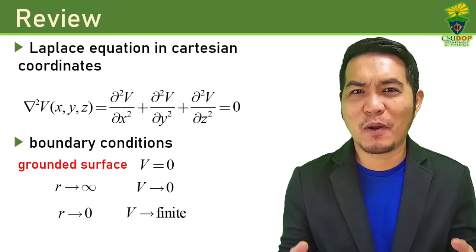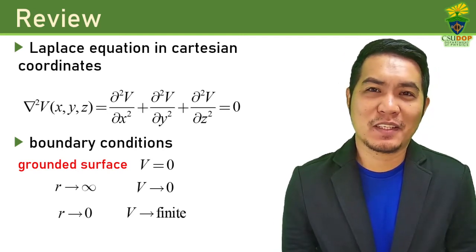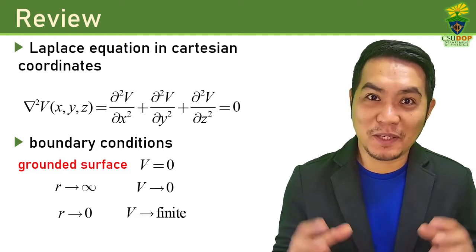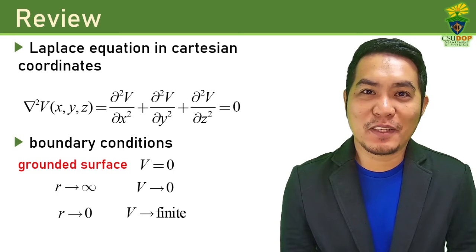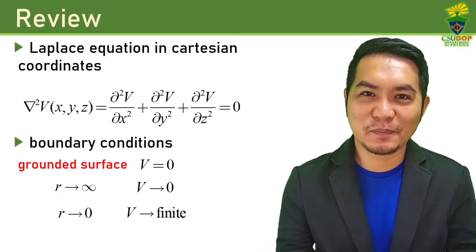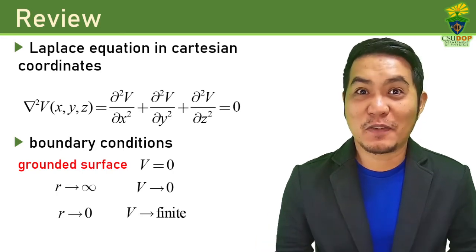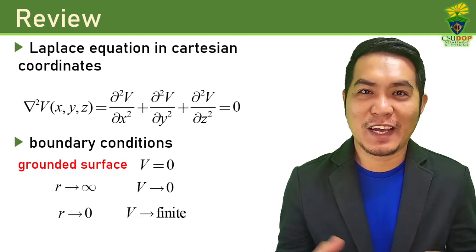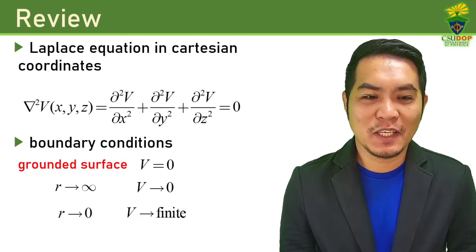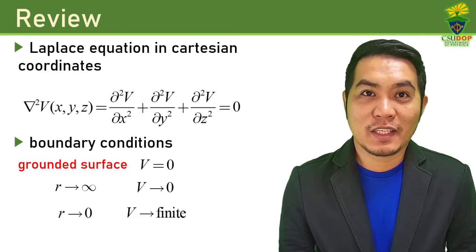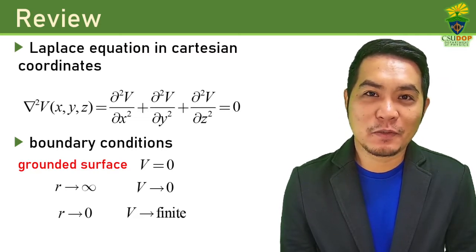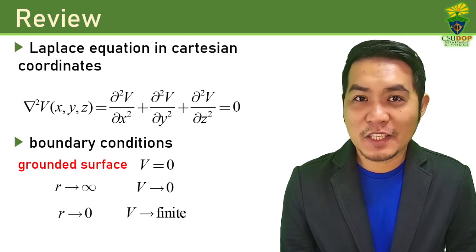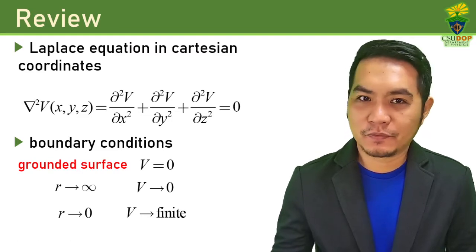It must not blow up at r equal to 0, because if you have, for example, spherical symmetry, then at the center of the sphere there will be a black hole, an undefined or infinite potential. So to get rid of that scenario, we set a boundary condition that when r approaches 0, the potential must be finite.